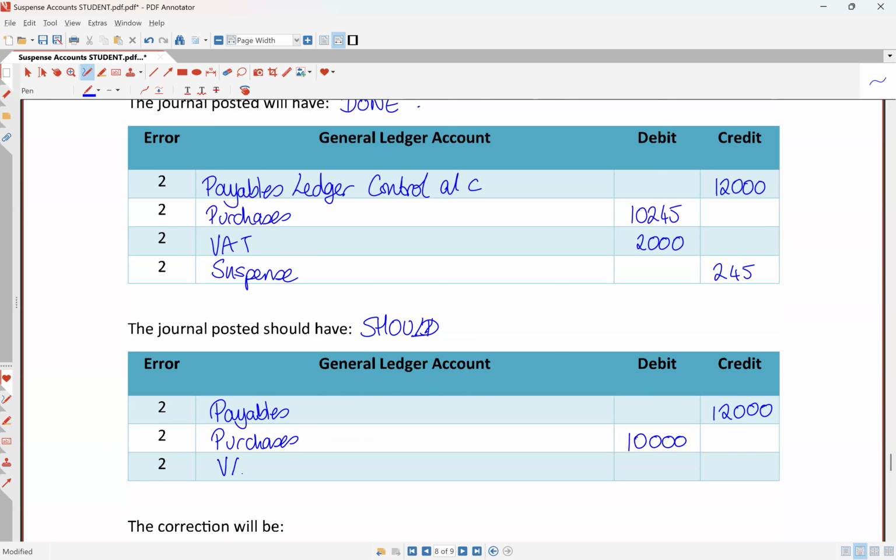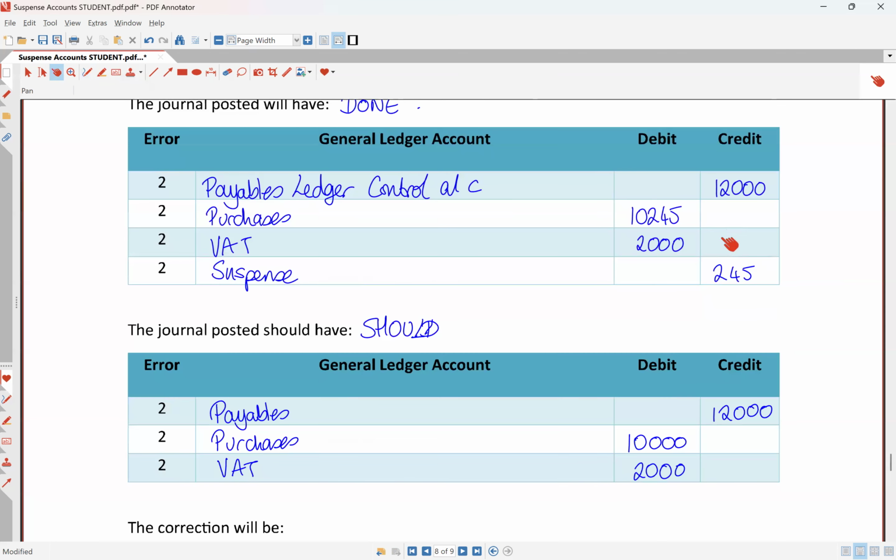That's what we should have done. So as you can see, these are the problems, aren't they? We've got 10,245 sat in purchases that shouldn't be there on the debit side, and I've got 245 sat in suspense on the credit side.